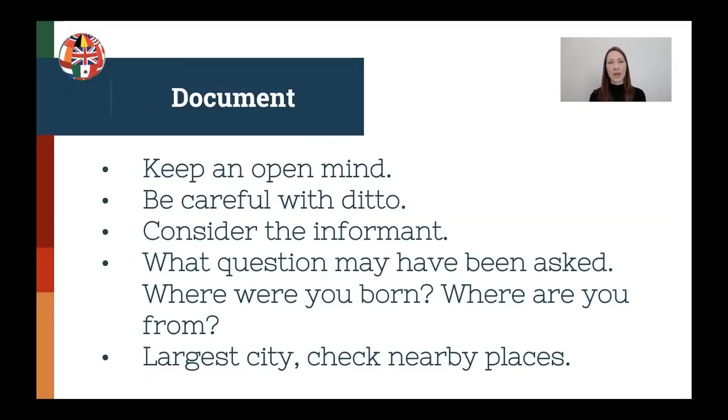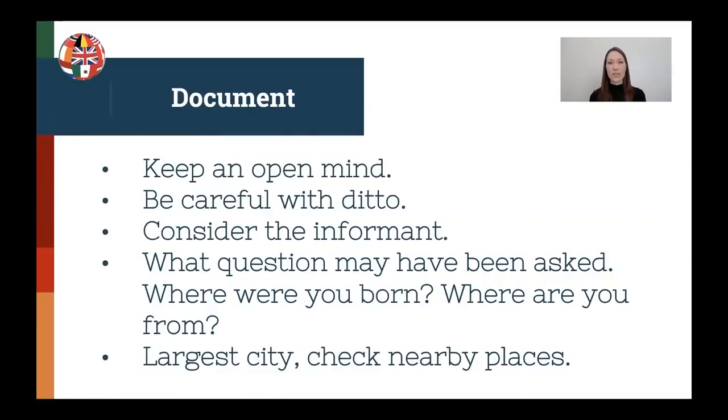Sometimes on a census record or a passenger list, there is a location, maybe at the top of a family or at the top of a page, and then there's ditto marks all the way down the page. Is that giving us the location information, or is that just lazy recording? So we need to be really careful with ditto.